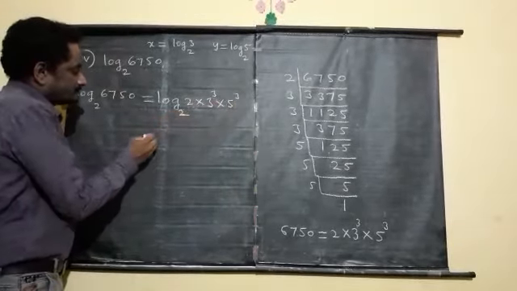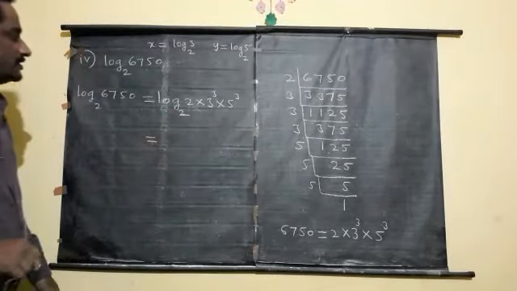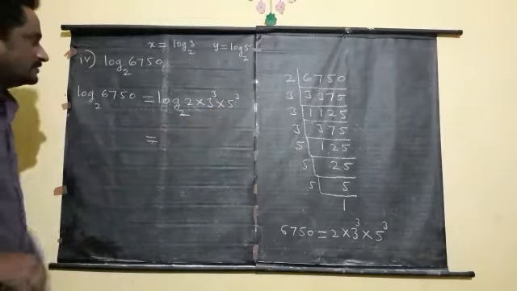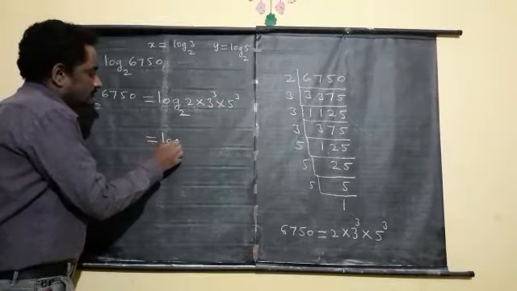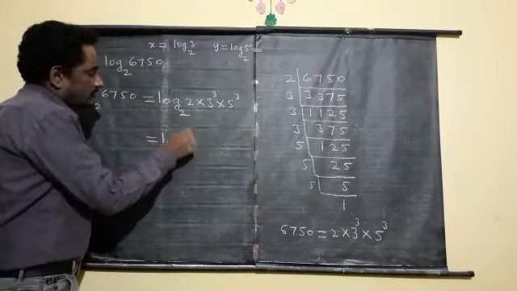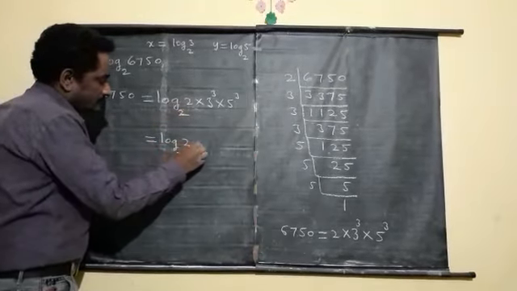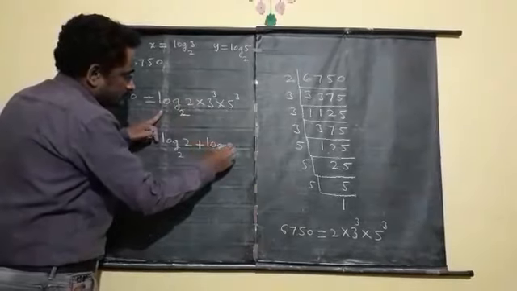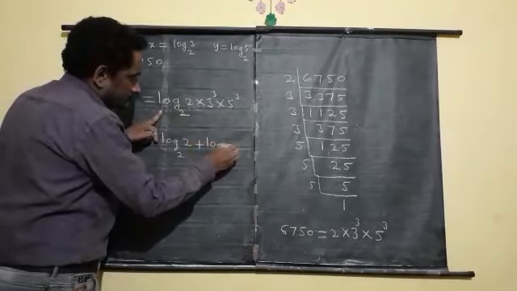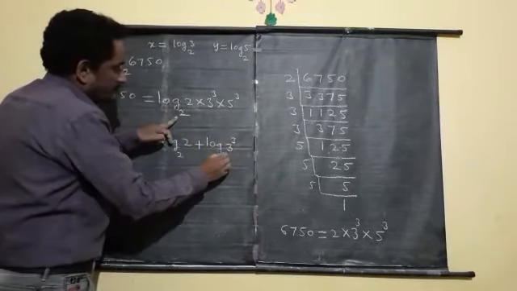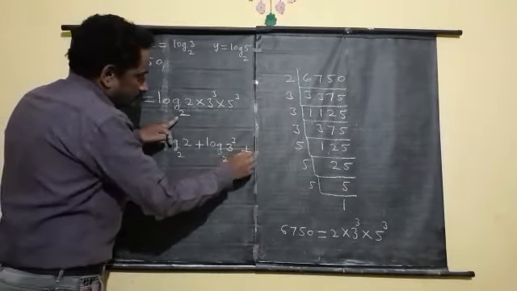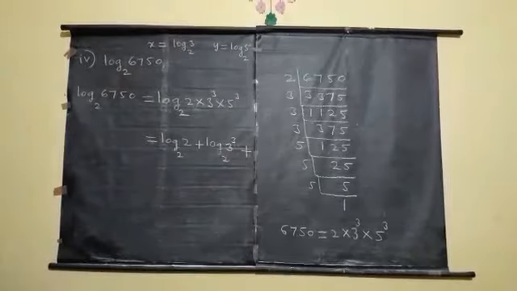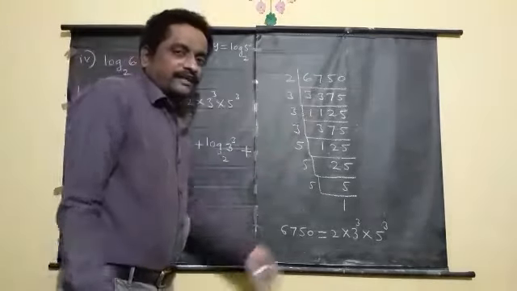Now we expand log 2 into 3 cube into 5 cube: log 2 base 2 plus log 3 cube base 2 plus... I am writing this prime factorization.